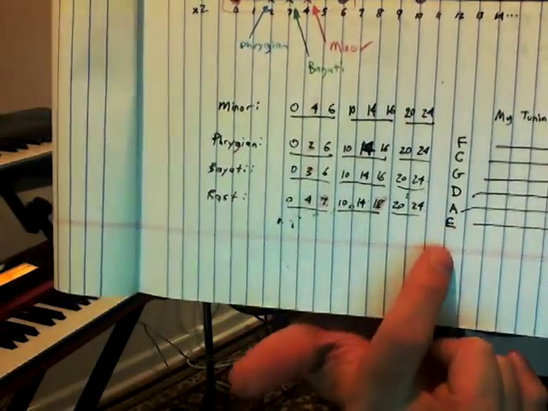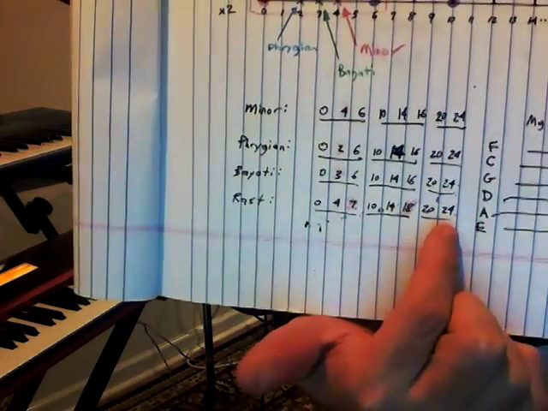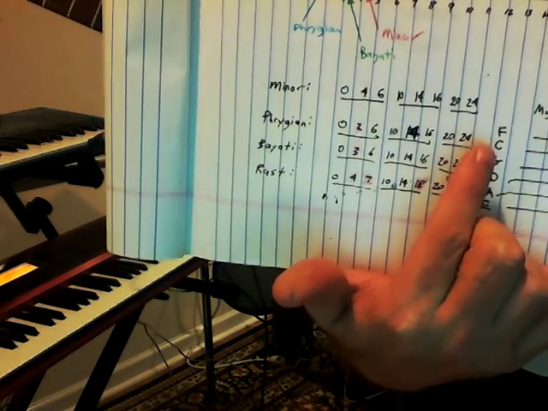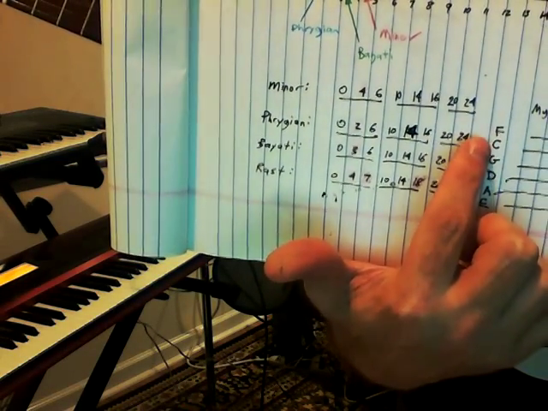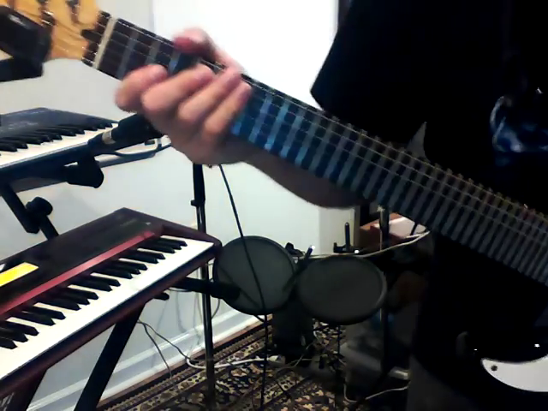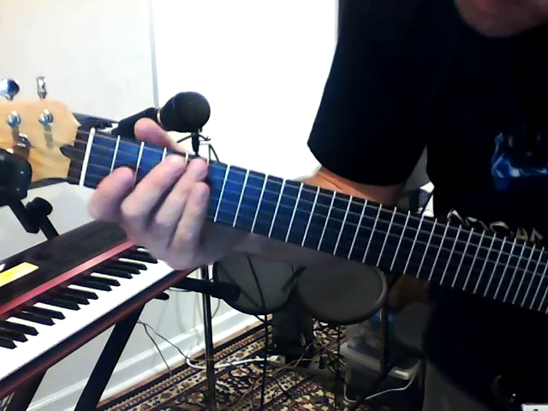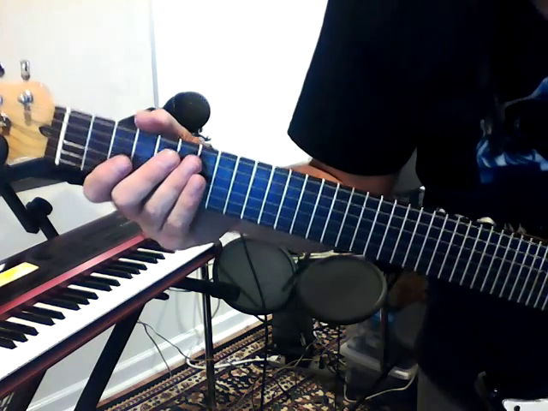And another thing is, because I'm using quartertones, I've gotten in the habit of just tuning all the way in fourths. I go E, A, D, G, C, F. So instead of B and E, I go up a half step, or half tone, so that it's just fourths all the way up. So it's the same exact scale patterns everywhere you go.